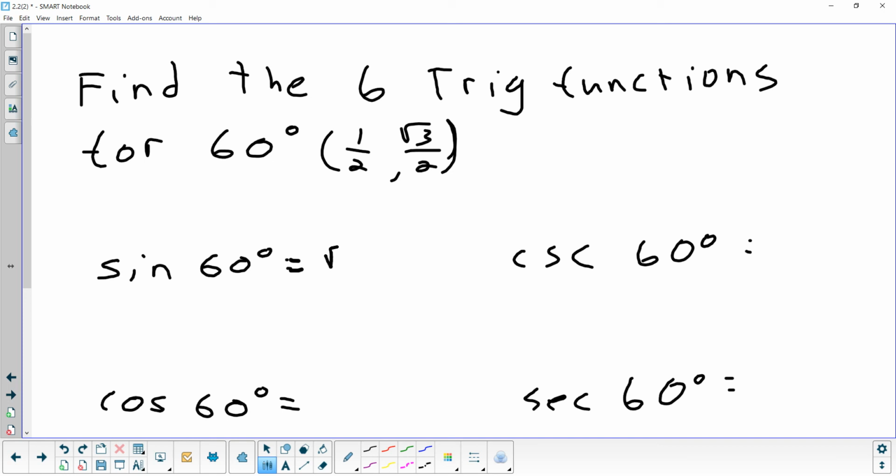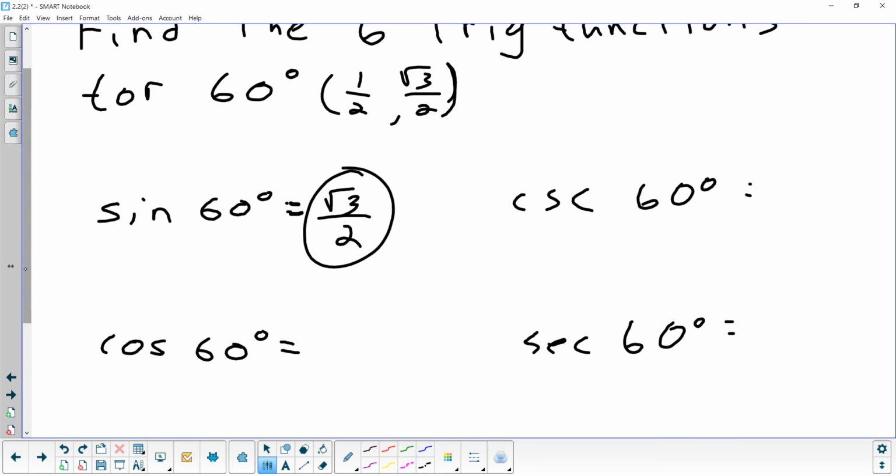So Vivian, what's my sine? Square root of 3 over 2. Yep. Ben, what's my cosine? 1/2. And my tangent? You can almost imagine putting a fraction line right there, because that's your y, that's your x. Just divide them. When I divide them, Raymond, what ends up canceling out? The 2's.